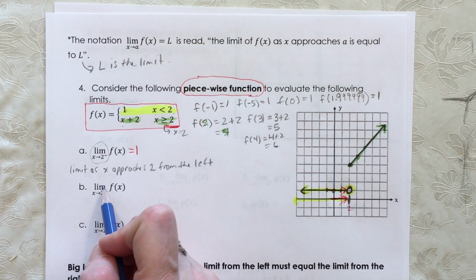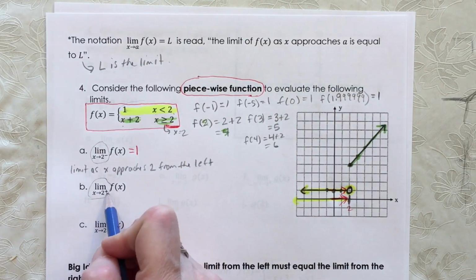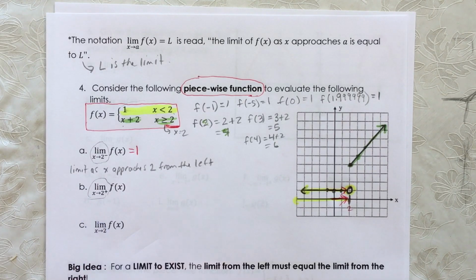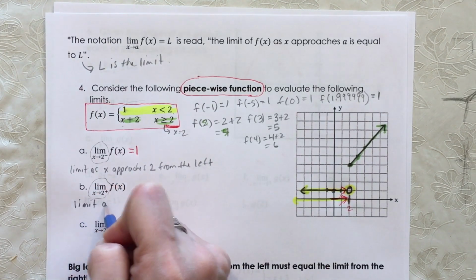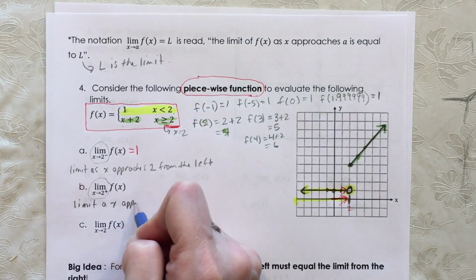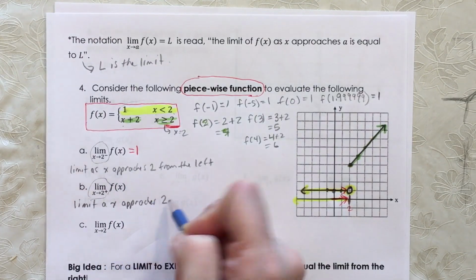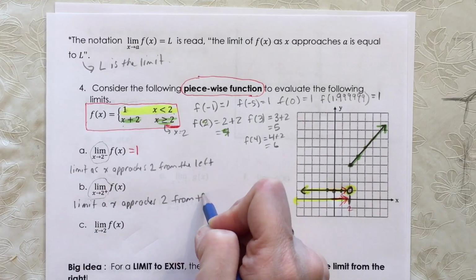And how do I read this? The limit as x approaches 2 with this little plus sign, superscript. That is written, the limit as x approaches 2 from the right.